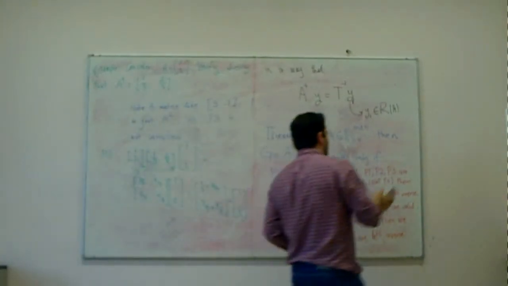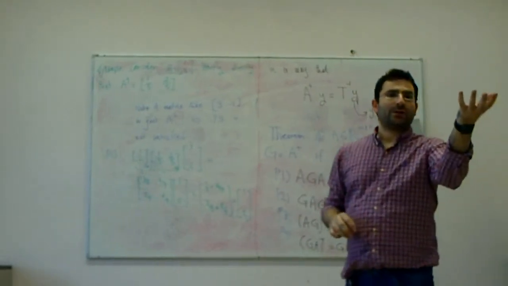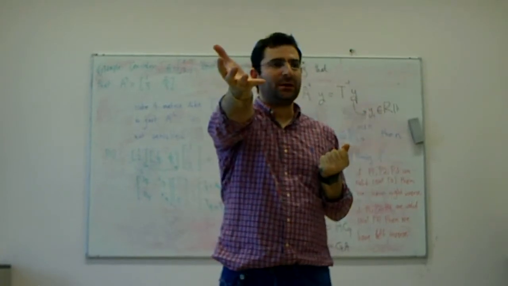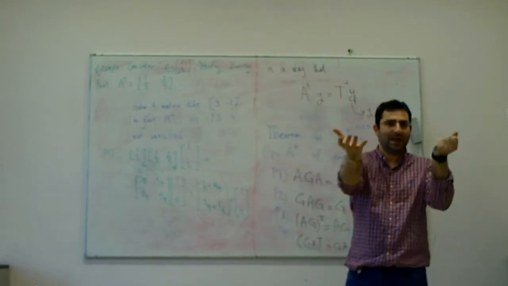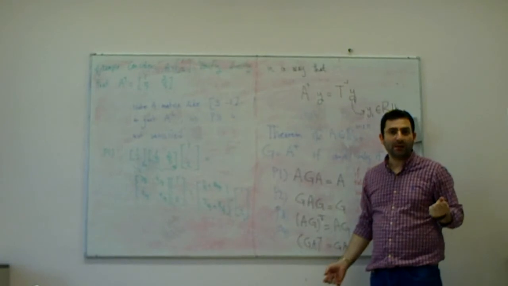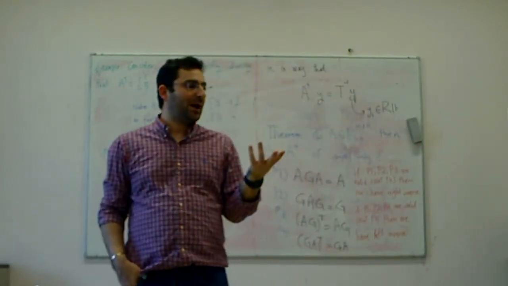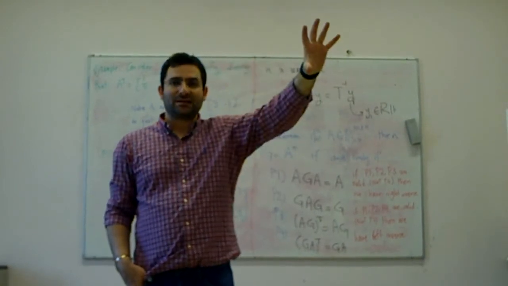Whenever I tell you that for this A, A plus is calculated by this formula, in order to prove that this formula is really the A plus, you have to check P1, P2, P3, P4. You remember in high school or in calculus or in algebra, you have A inverse is equal to this. How do we prove it?